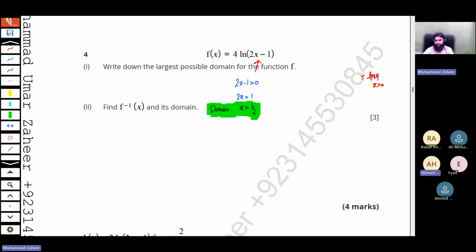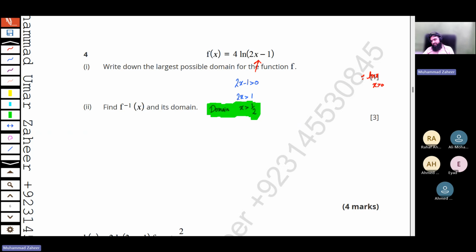Why the largest? If you take 10, there is a larger number, 20. If you take 100, there is a larger number. So it's infinite.